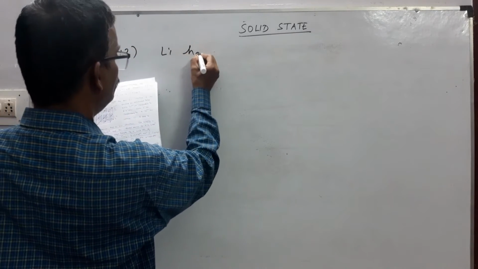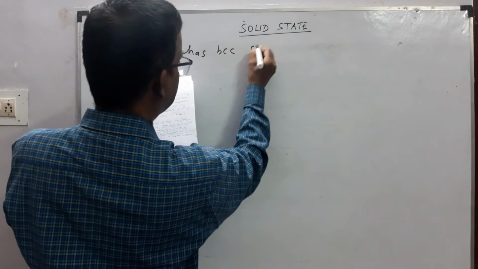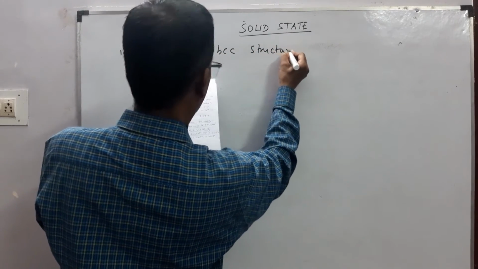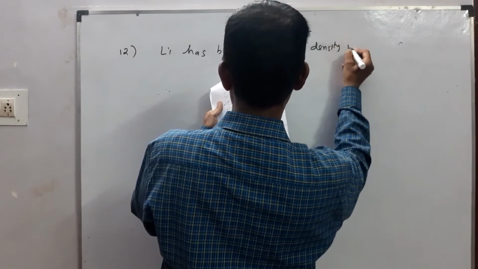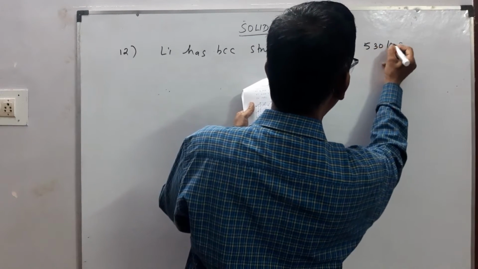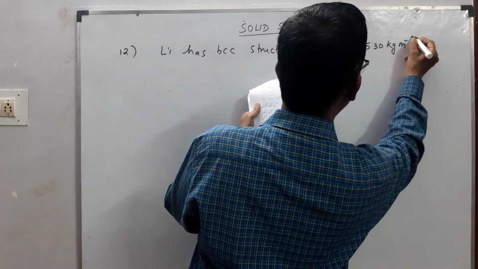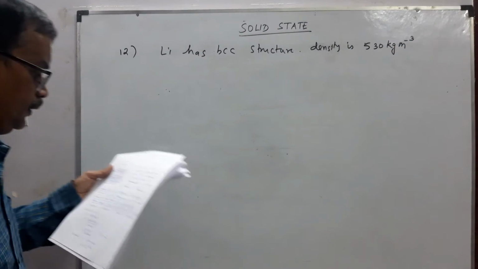Lithium has BCC structure. Its density is 530 kilogram per meter cube.